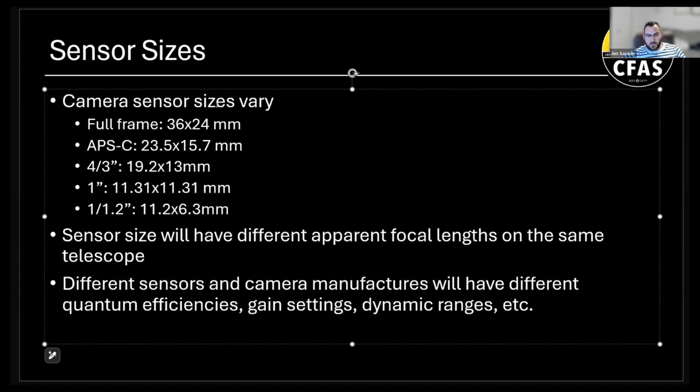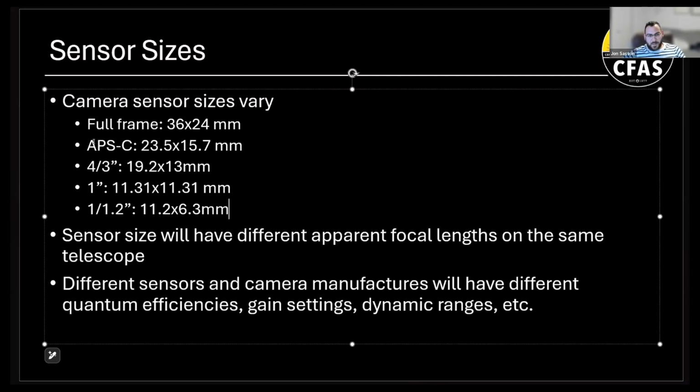Most cameras all use the same sensors. It's just how they package it. Every manufacturer will give you slightly different performance on the same sensors. But the sensor size, even if you take two different sensors on the same camera, on the same telescope, will give you different apparent focal lengths. They're not increasing the focal length, they're just cropping the images.